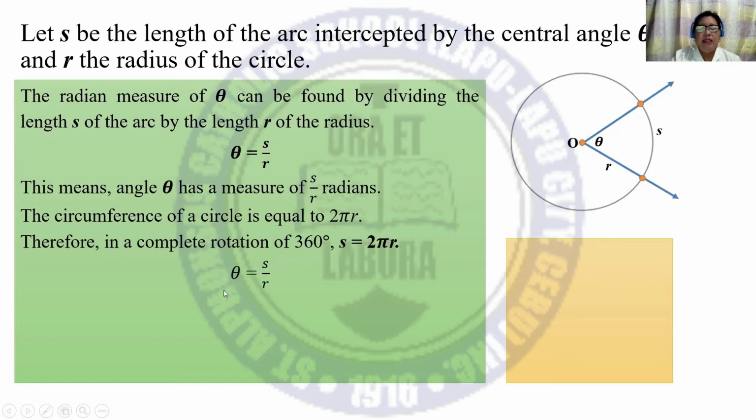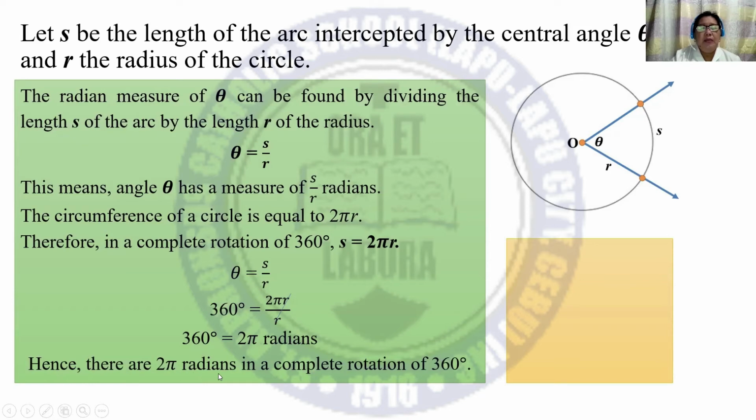Therefore, in this formula, which is S over R, we are going to replace 360 degrees to theta, which is equal to 2 pi r over R. And then cancel R. So, the equivalent measure of 360 is 2 pi, and the unit is radian. Hence, there are 2 pi radians in a complete rotation of 360 degrees.